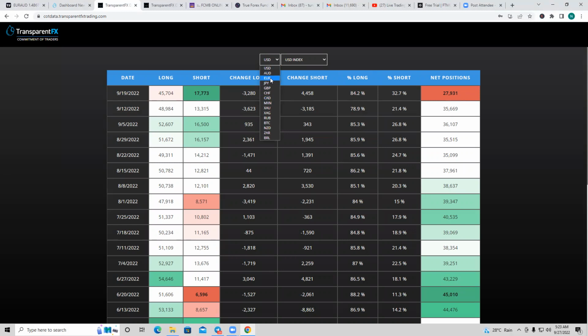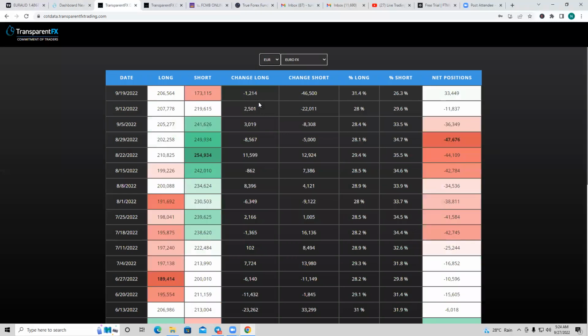Let's see the COT report for Euro. You can see the last one was released on the 19th of September. The net position was positive 33%, and you can see the long 31% and the short 26%. So Euro is expected to be bullish.